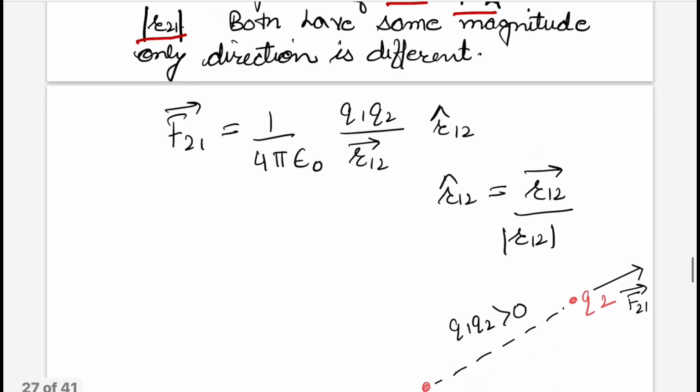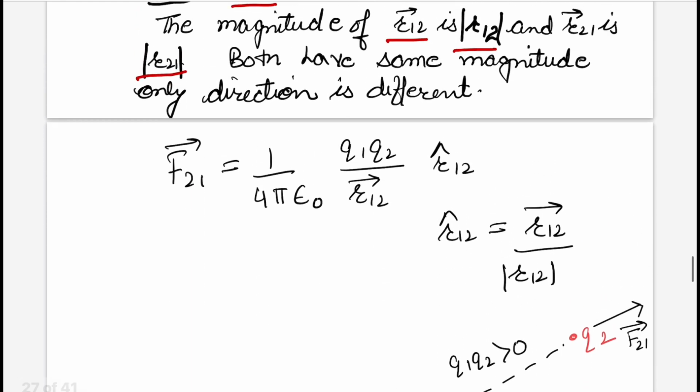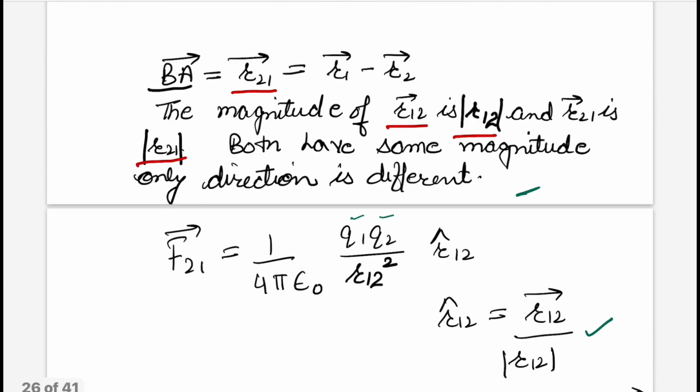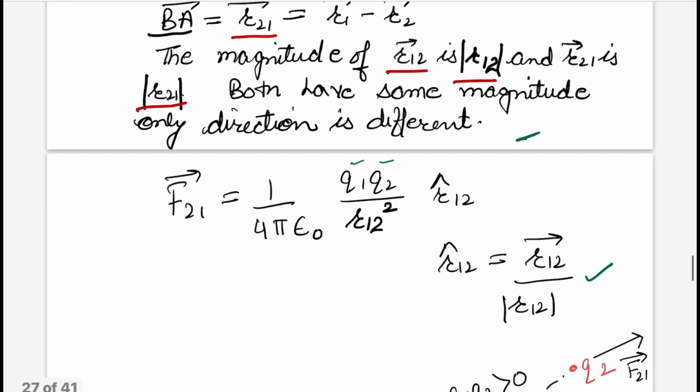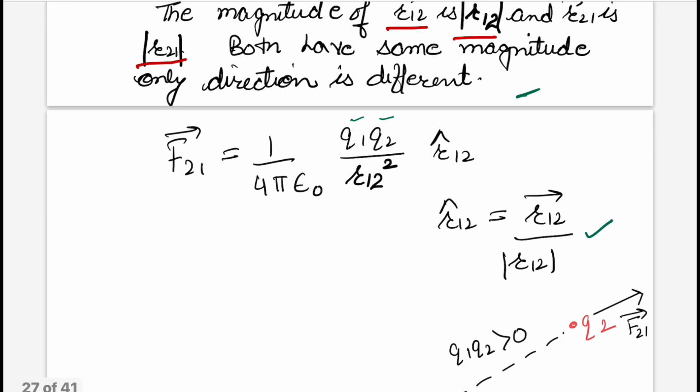Both have the same magnitude only, but the direction is different. Then we use Coulomb's law, that is, F12 vector is equal to 1 upon 4 pi epsilon naught Q1 Q2 by R12 square, right? We have added the unit vector, which has a value of the vector divided by the magnitude, right?